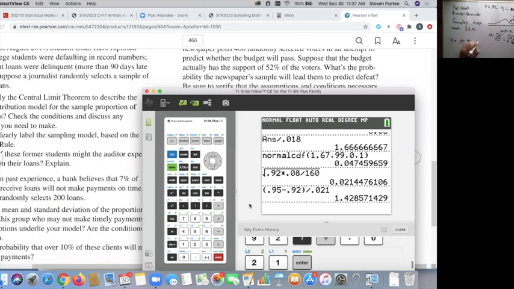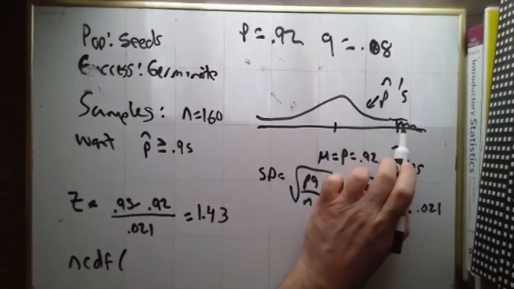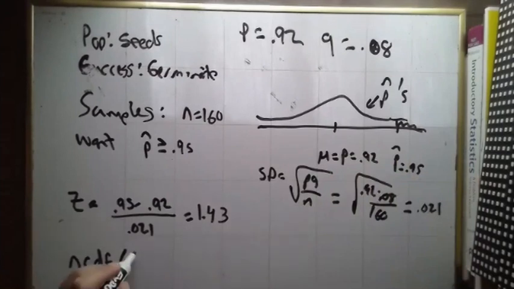Here we get 1.43. Always round z-scores to 2 decimal places. So 1.43. Then normal CDF, smallest z-score to biggest.